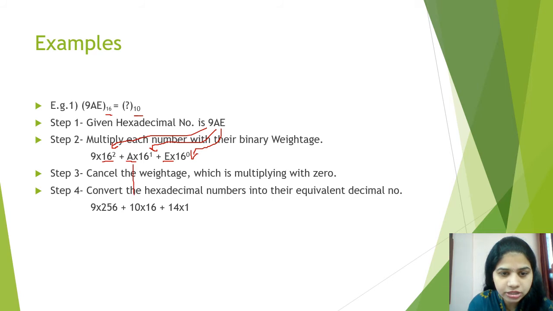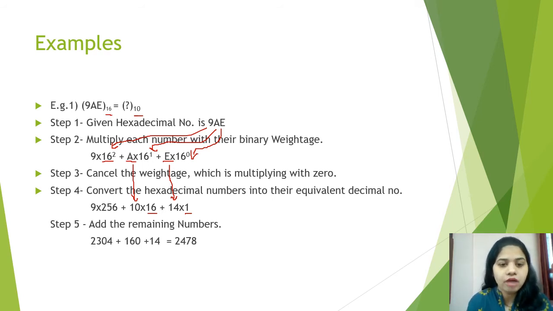A is replaced by 10, and 16 to the power 1 is nothing but 16, plus E is replaced by 14, and 16 to the power 0 is nothing but 1. After adding all these numbers we get the answer 2478, which is the corresponding decimal equivalent of the given hexadecimal number 9AE. This is how we can solve examples for conversion of hexadecimal to decimal number.